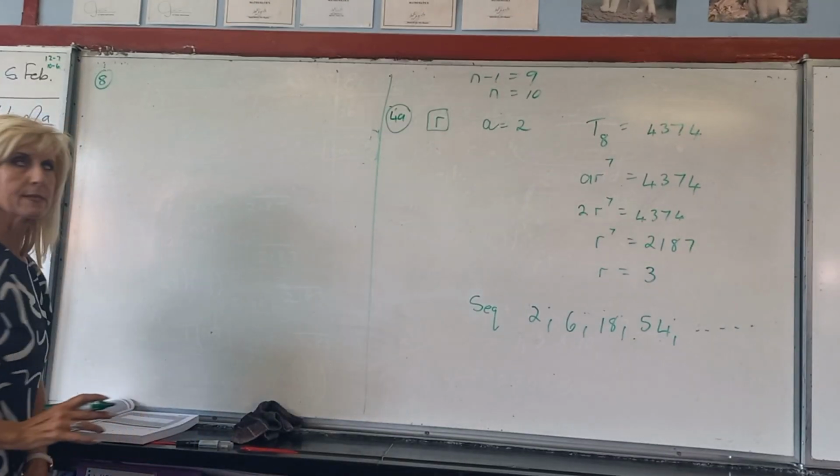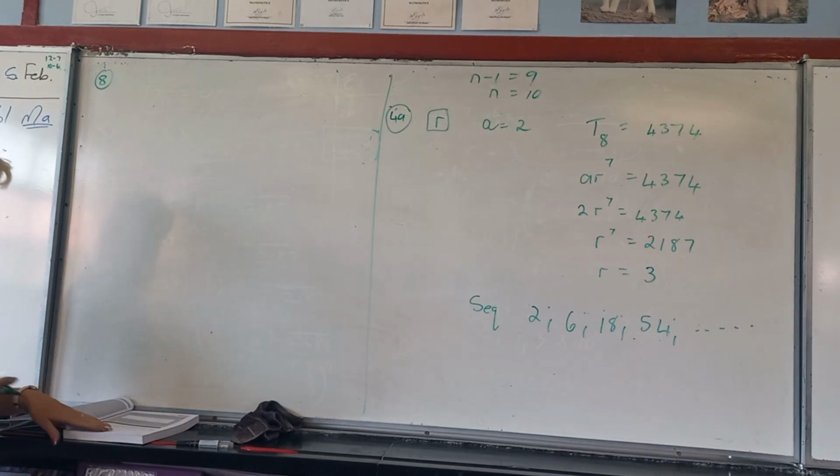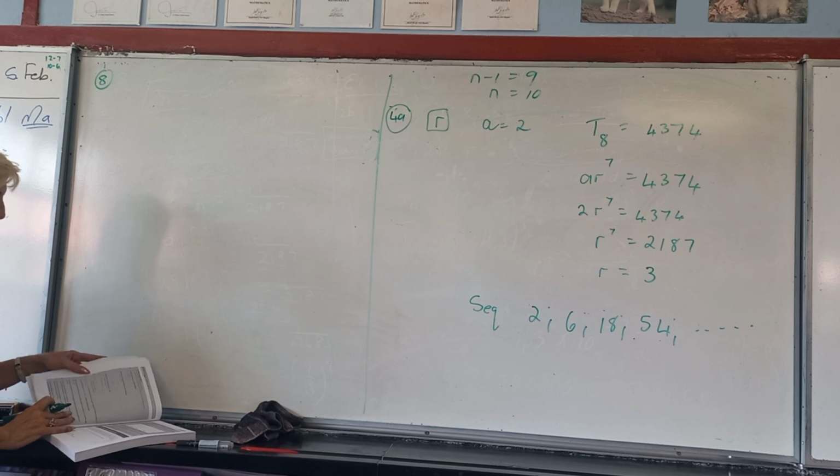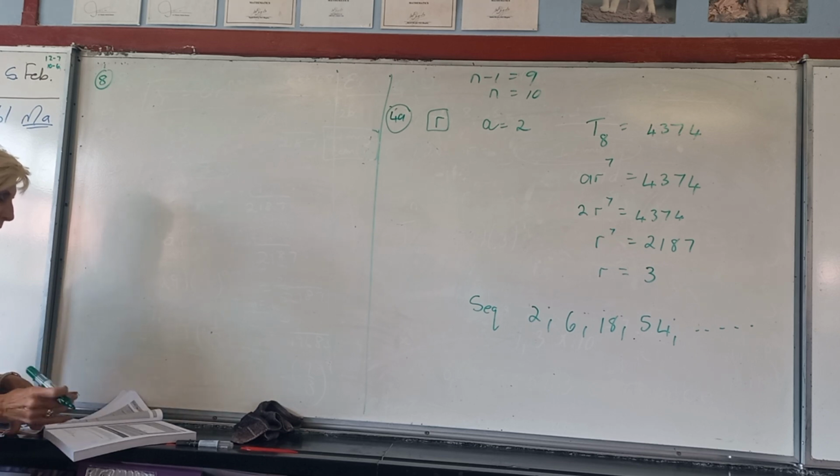I need to read the sum with you so that you can see where it comes from. Because question number 8 says, determine the first 3 terms of a geometric sequence with the second term minus 12 and the 5th term minus 786. What must I do? Write it mathematically.